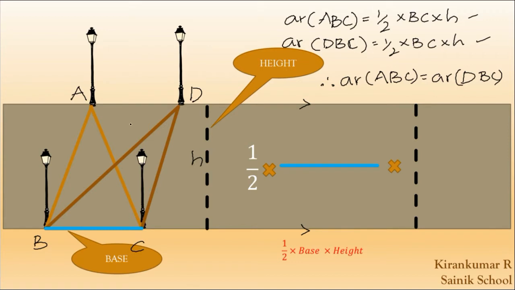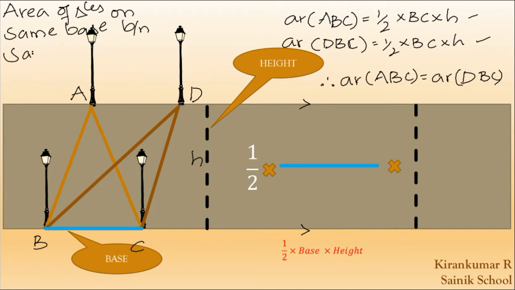In other words, I can say that areas of triangles on the same base between the same parallels are equal. This property we have learned in our class 9th, which we will be using in class 10th too.